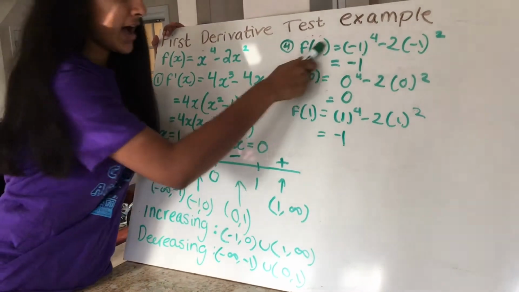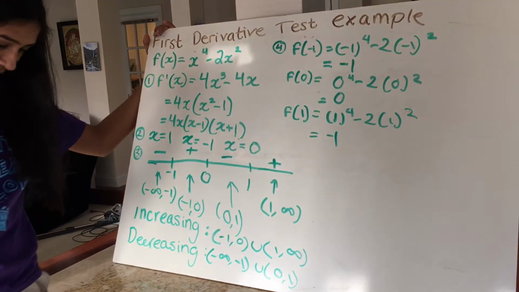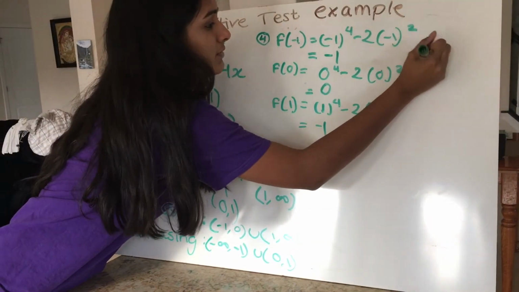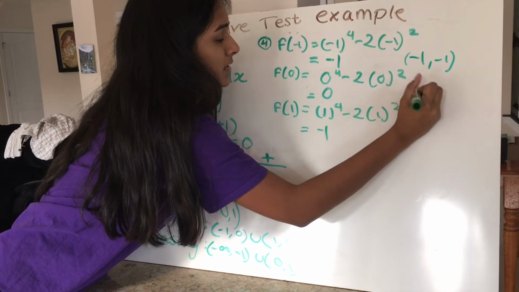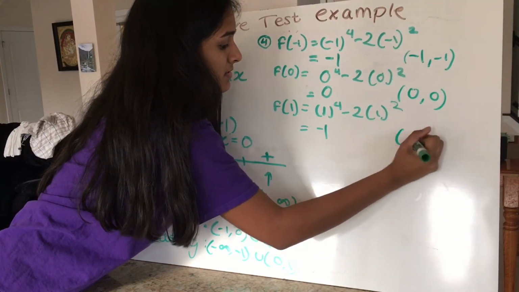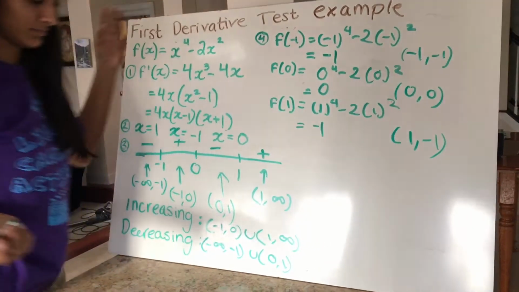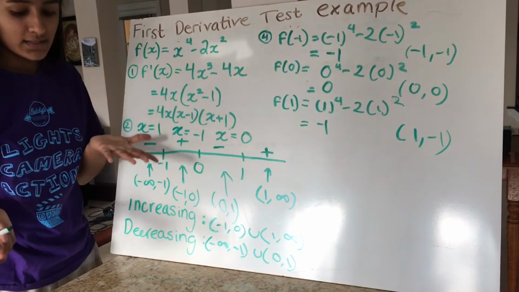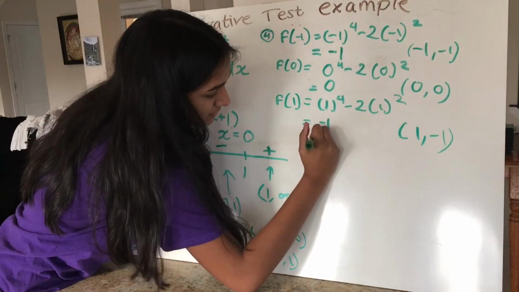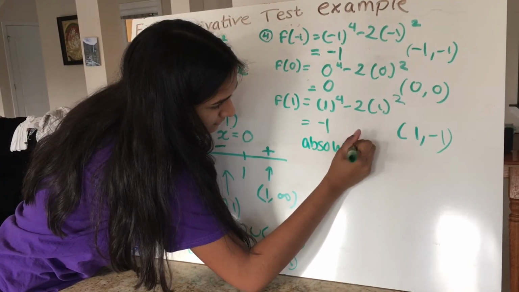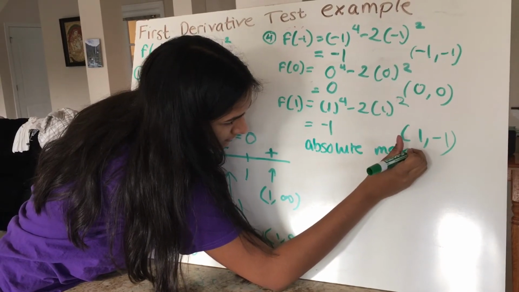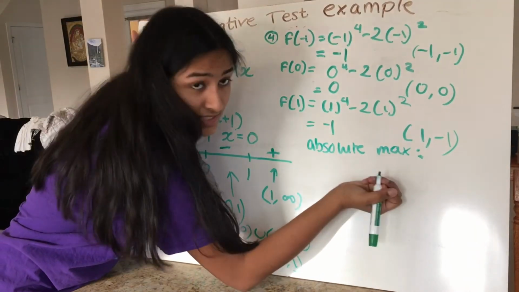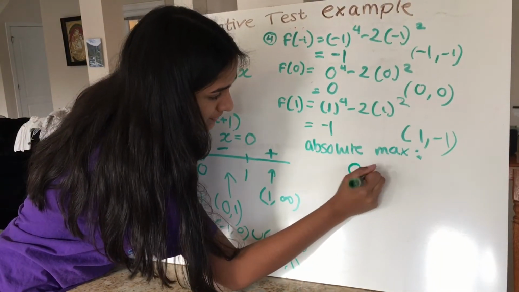So now we have our points. We can determine that our points would be (-1, -1), (0, 0), and (1, -1). So these would be our extrema. But if we were asked to find the absolute maximum, that would be (0, 0), because it's the highest point out of all three of these.